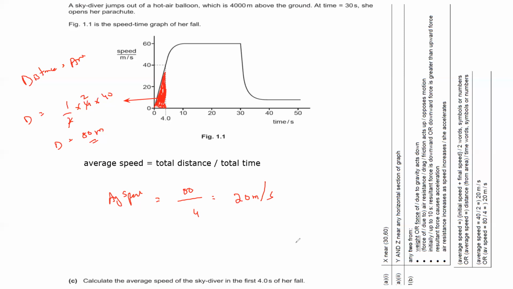Because we need an average speed. To get an average speed, we need total distance and we need total time. What if they ask about the whole graph? Then we have to divide this graph into parts. It will be a triangle, a rectangle. So if they ask for the whole, for example, what is the average speed for the total journey, you have to divide this into shapes.